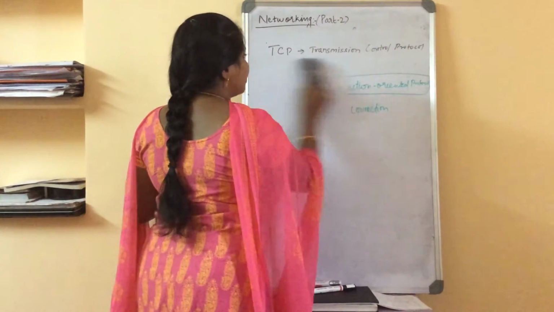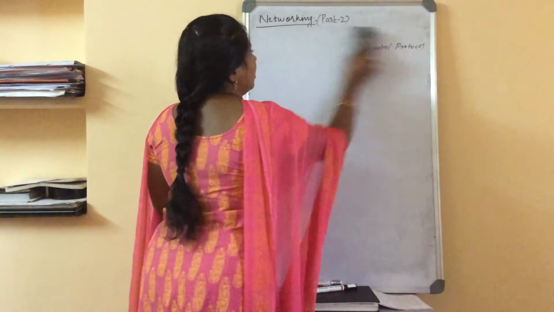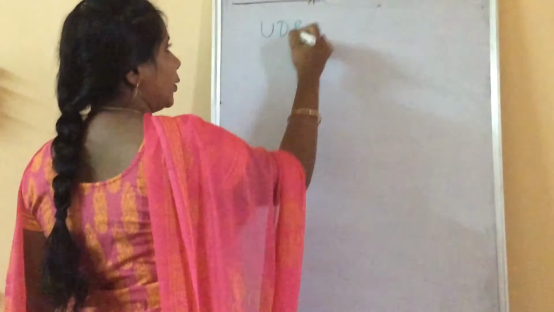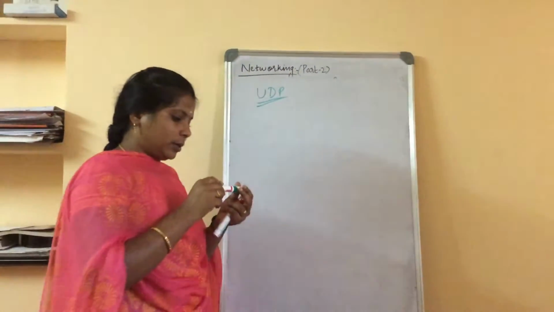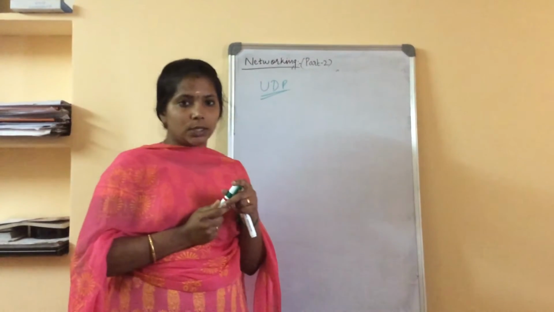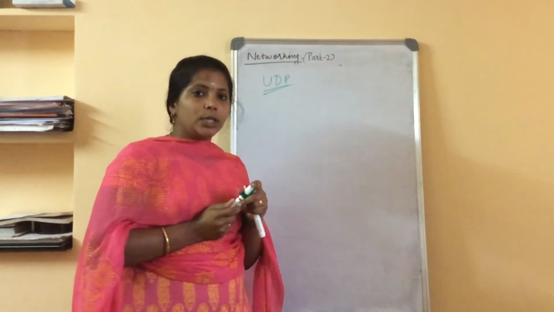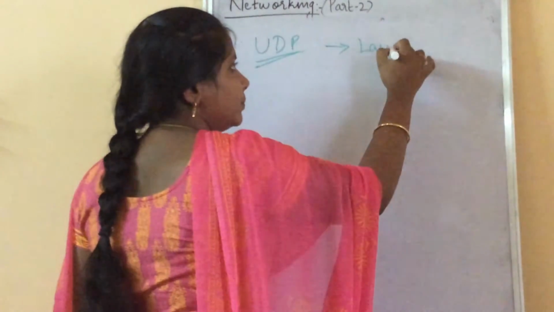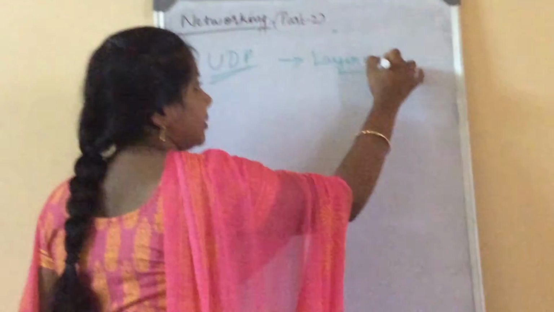Now I'm going to explain UDP. I have already given you the abbreviation, that is User Datagram Protocol. Here UDP also works only on layer 4, that is nothing but the transport layer.